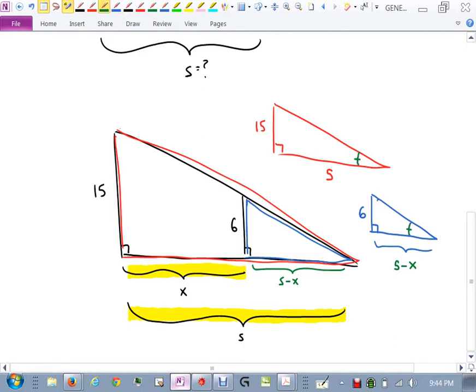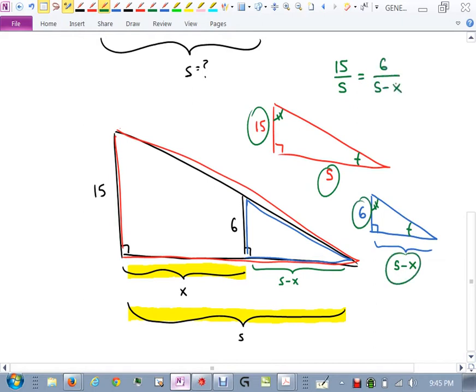They both have the same right angle in it, so that means these are the same. So they're similar triangles. So if you have similar triangles, the ratios of the sides are equivalent. That means I can take 15 divided by S and say that that's equivalent to 6 divided by S minus X.